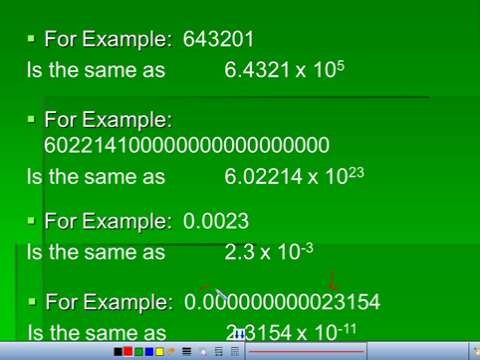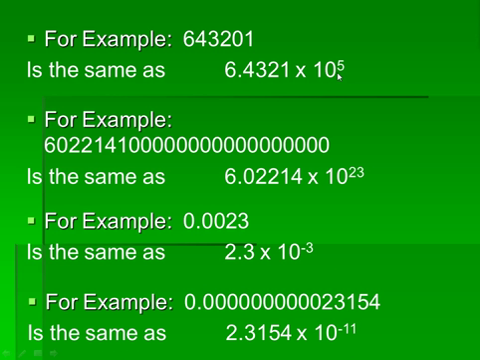So I just count 1, 2, 3, 4, 5, 6, 7, 8, 9, 10, 11, and so this is 2.3154 times 10 to the negative 11, because I moved it 11 places in this direction. So keep that in mind. Big numbers have positive 10s, and little numbers have negative 10s.